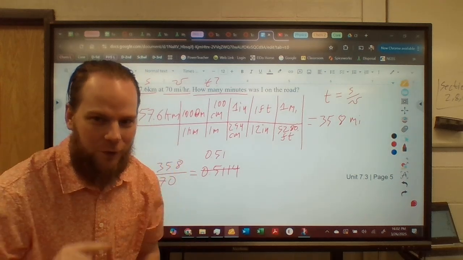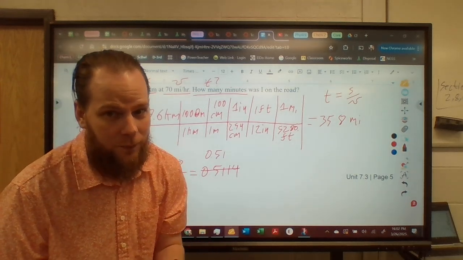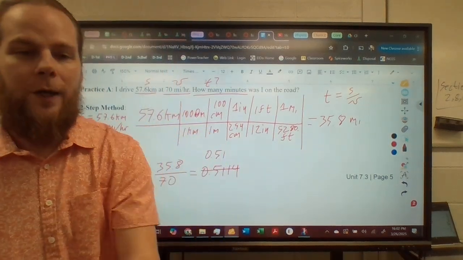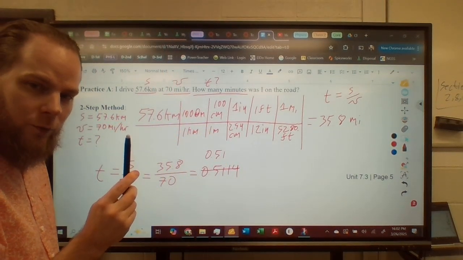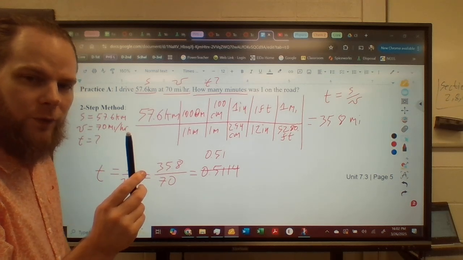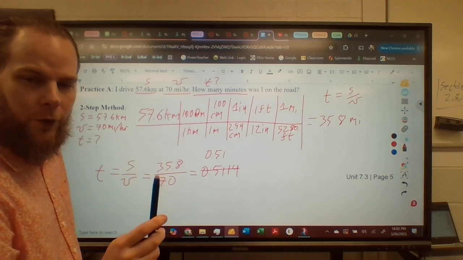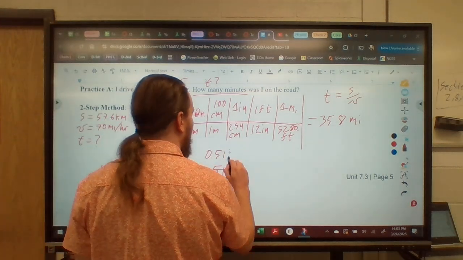But what unit do we have? It's not minutes. We are in hours, because that's the time unit that was part of our velocity. It was still in hours. So when we do this calculation, we have 0.51 hours.